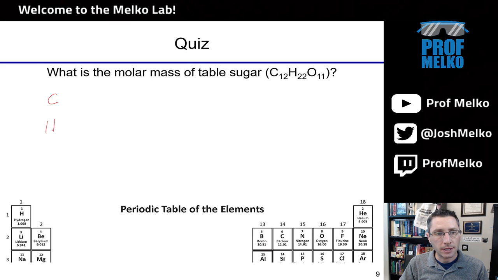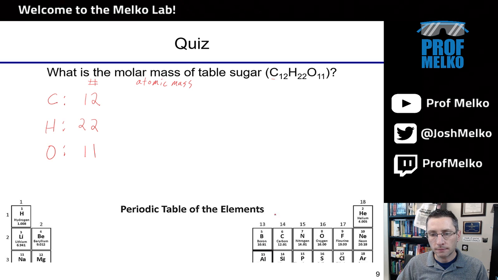Carbon, hydrogen, oxygen. The number of carbons, 12. The number of hydrogens, 22. The number of oxygens, 11. The atomic mass goes in the next column.